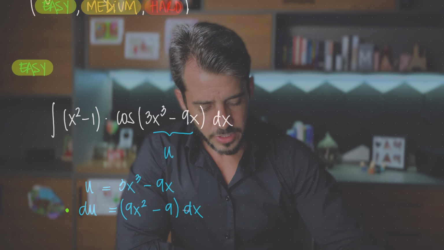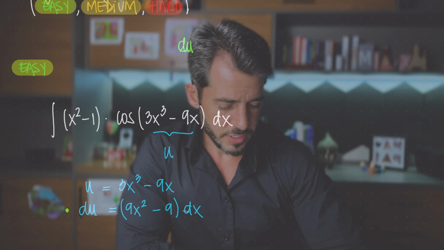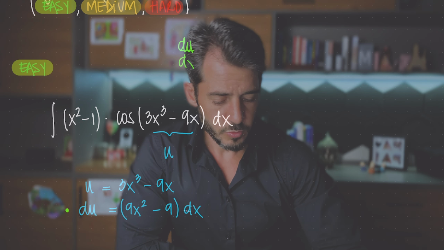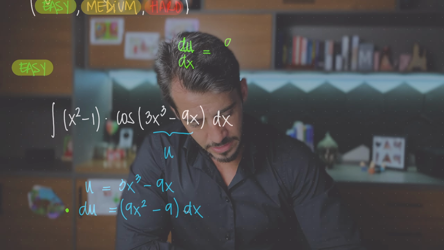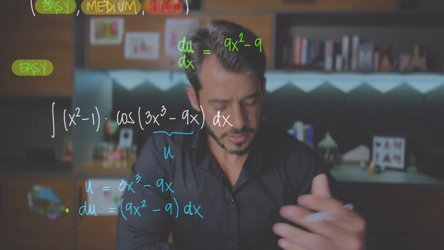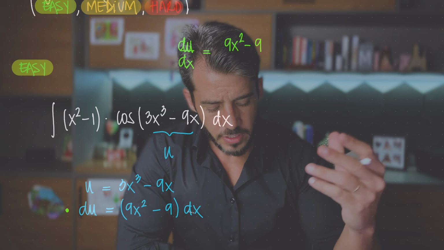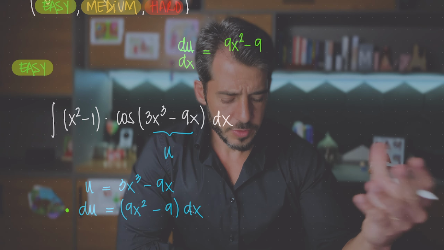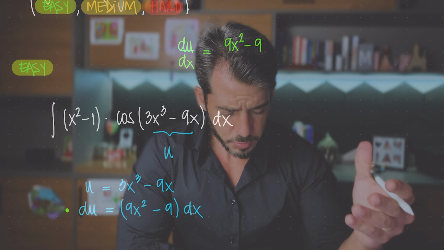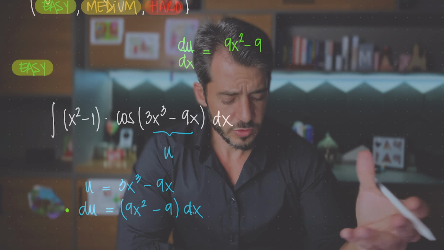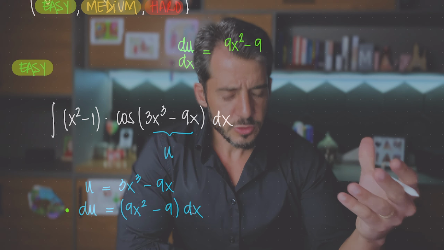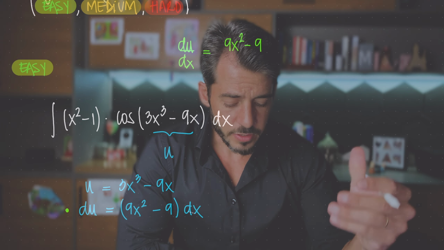And by the way, you could have written this as du/dx, which is the derivative of u with respect to x, as 9x squared minus 9. This is equivalent to the blue one. And when you get to this, you might say, all right, but I can replace whatever's inside the cosine by u, but I don't see 9x squared minus 9 dx anywhere in this integral.